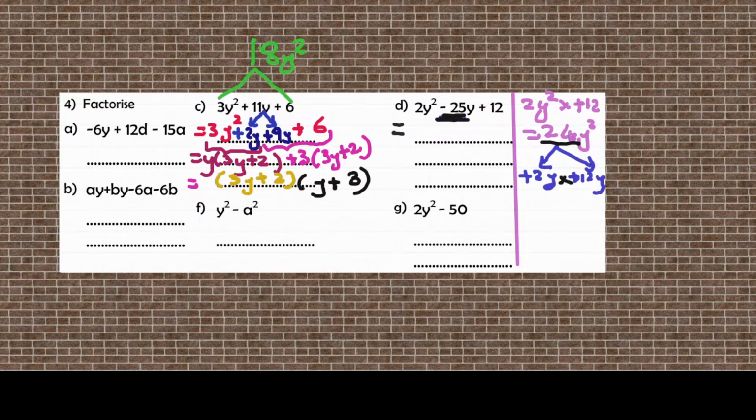Then if it's not two pluses, what can we do? What's the other option we've got? What about writing two minus values? Let's see whether that works.